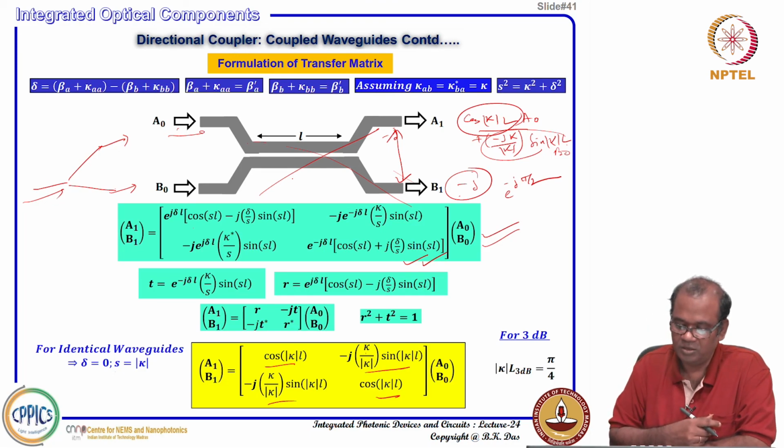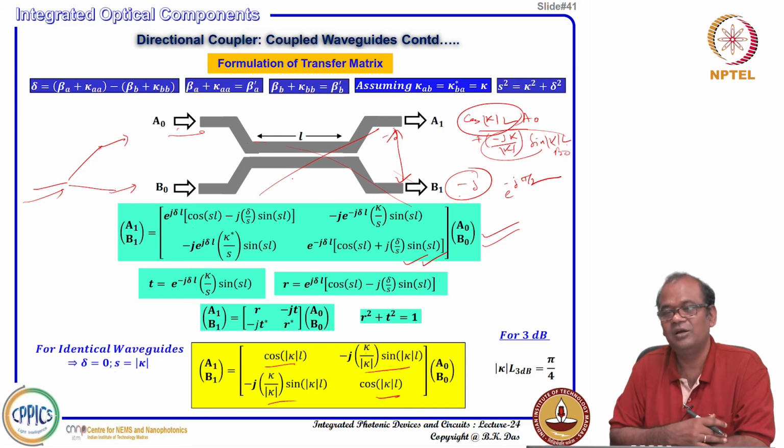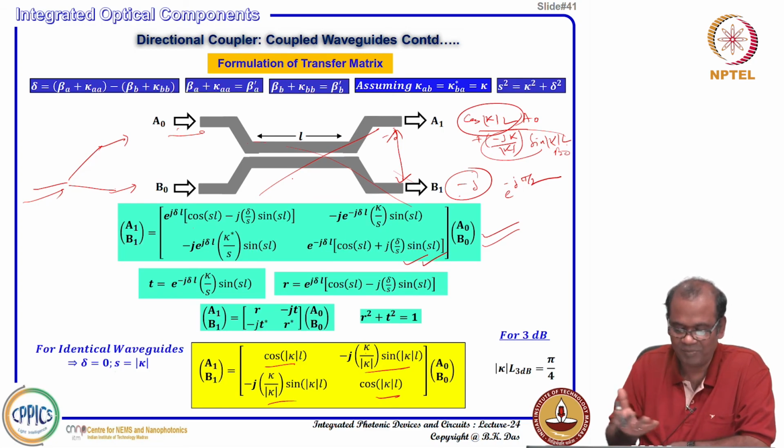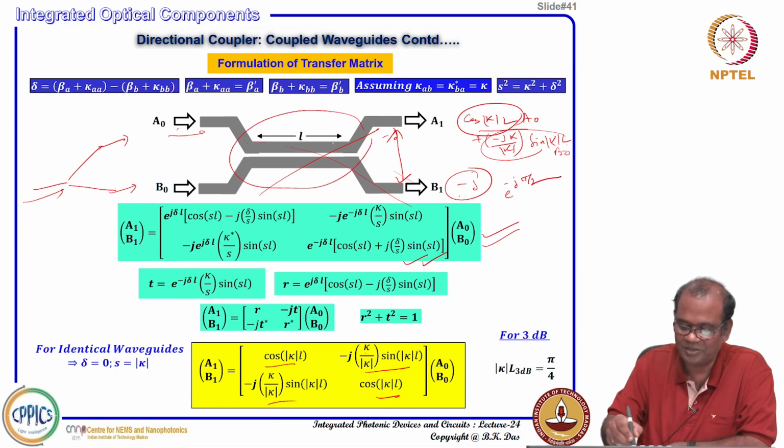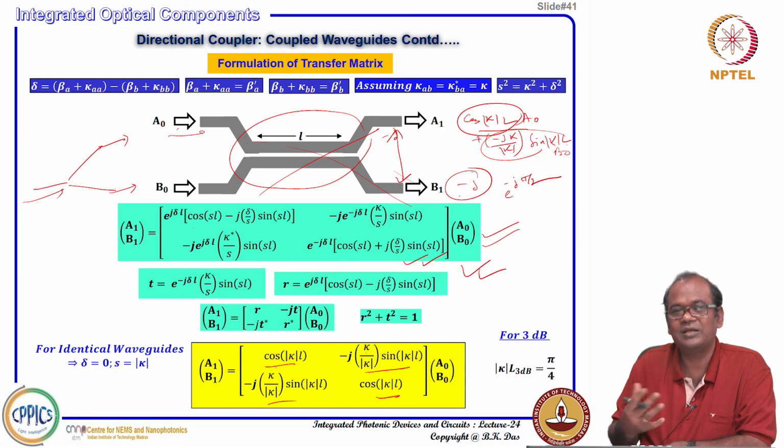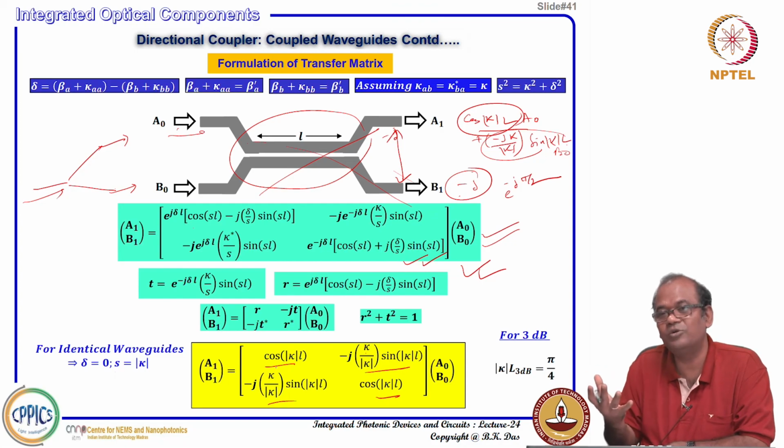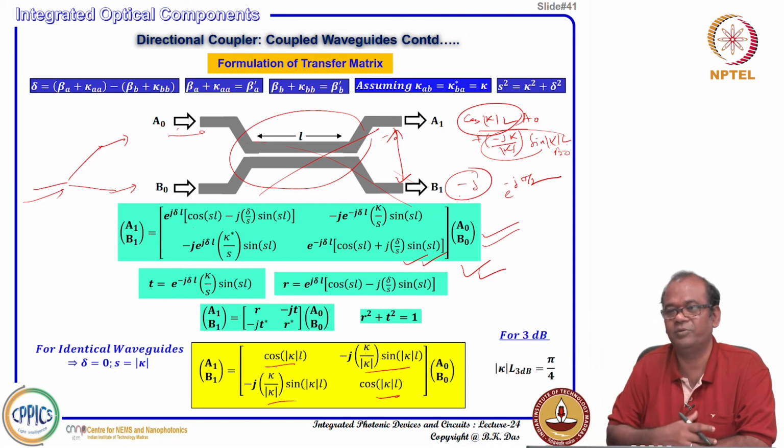So, we will use this directional coupler for demonstrating the Mach Zehnder interferometer instead of the Y junction, because the Y junction transfer matrix is different from the directional coupler transfer matrix. You can use this for understanding the Mach Zehnder interferometer output, and again use it for finding the transfer function of the Mach Zehnder interferometer, the transfer function of a ring resonator and so on. Okay.